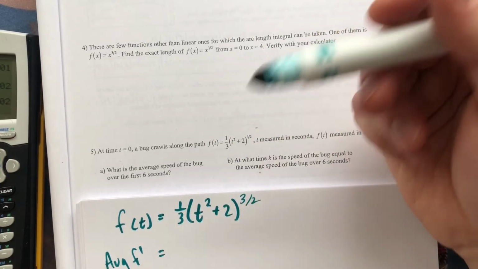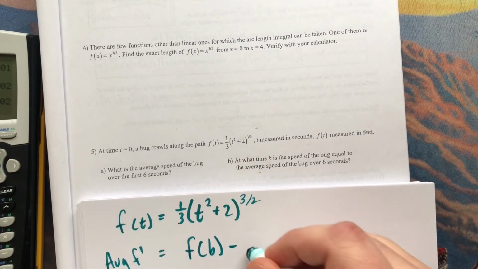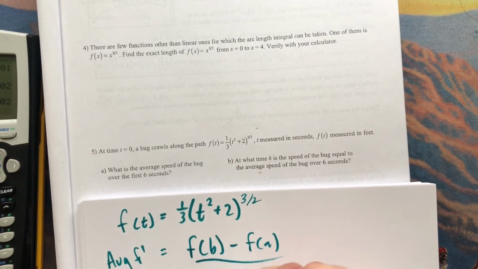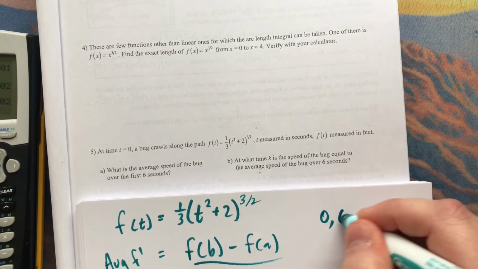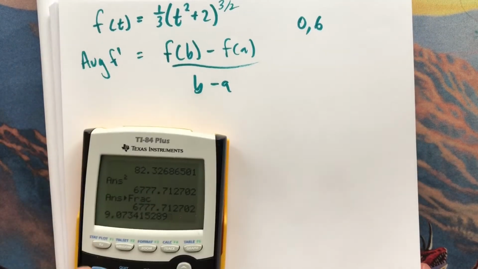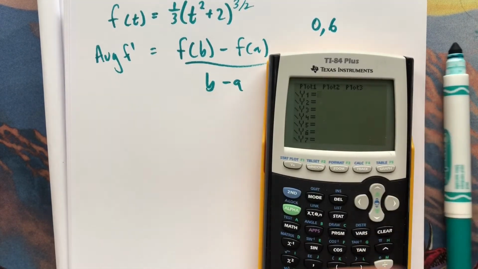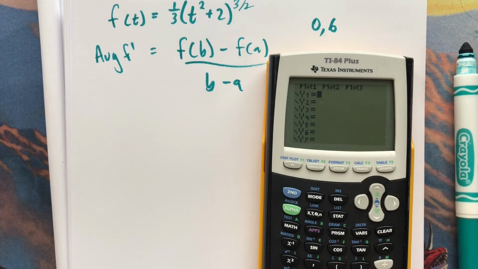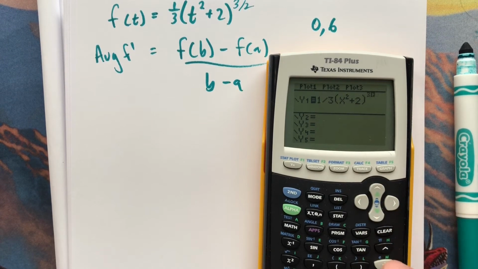I can just use the average f prime formula, which says f of b minus f of a over b minus a. And if you think for 6 seconds, because I'm going from 0 to 6, that I'm doing this by hand, I don't know what you're thinking. I'm going in here, and I'm going to write this function in here. Let's see, 1/3 parentheses x squared plus 2 parentheses to the 3/2.